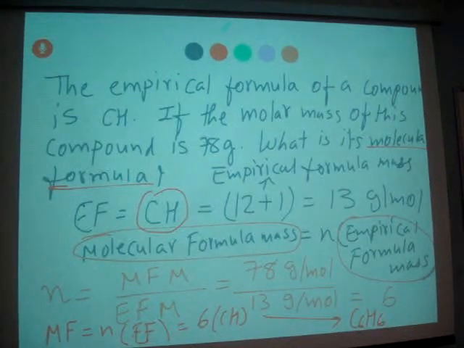One more problem on finding empirical formula. Okay, so let's go to next slide.